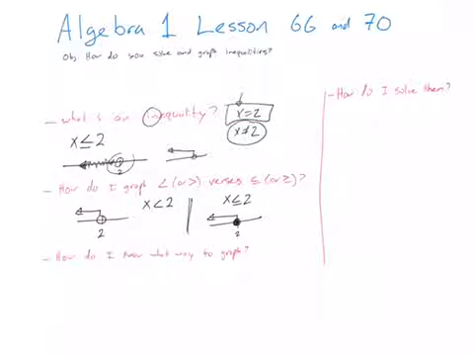Alright, how do you know which way to graph? Well, the easiest way to answer that is to just think about it. Here's 2, which means that 3 is going to be to the right, and 1 is going to be smaller. So we're going to stick with that same thing. If I have x is less than 2, I'm going to use an open circle. We just talked about that on 2.